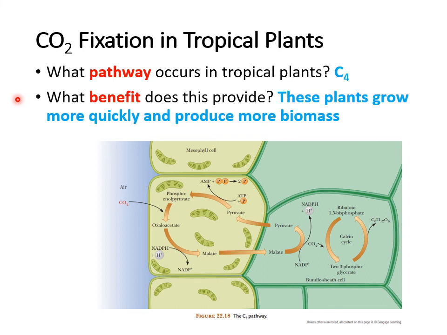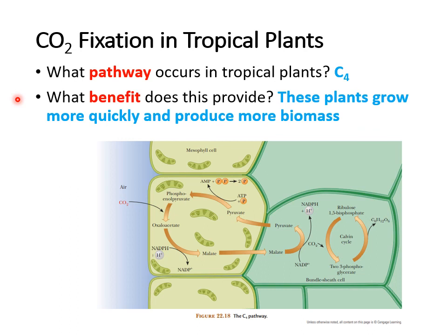Basically in this pathway, carbon dioxide ends up reacting with what's called phosphoenol pyruvate to produce oxaloacetate.